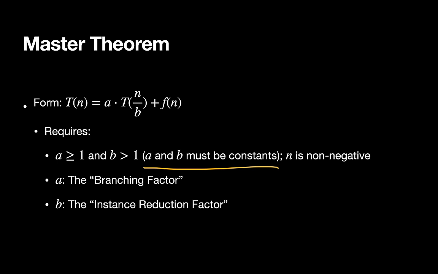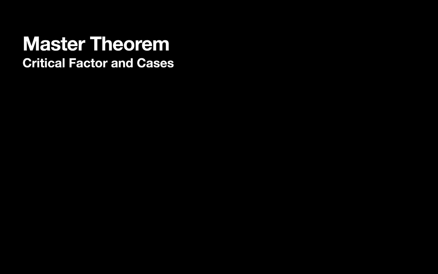First, I wanted to review one or two other components of this Master Theorem. The Master Theorem has something called the critical factor, and it's an important part of determining which of the three cases of the Master Theorem we fall in.